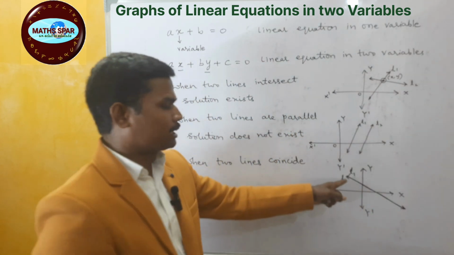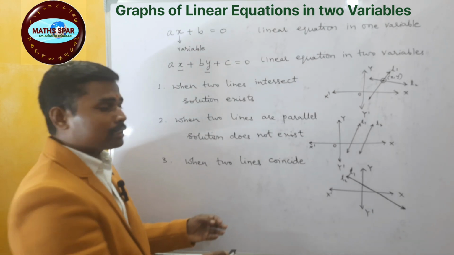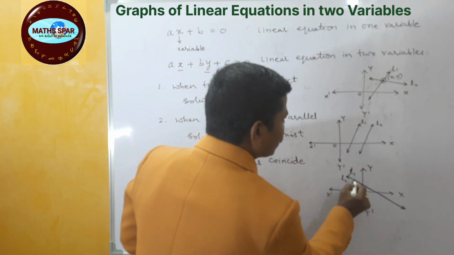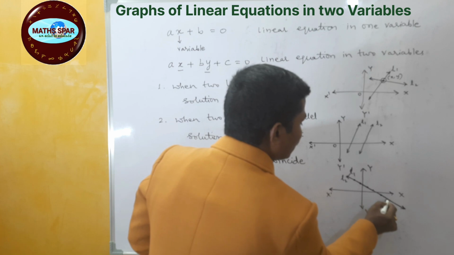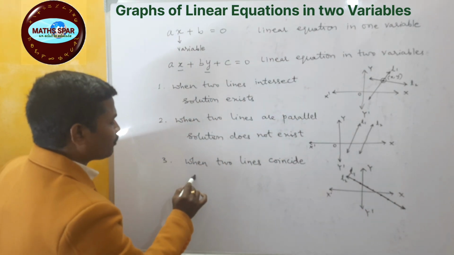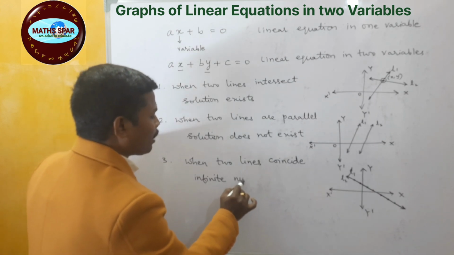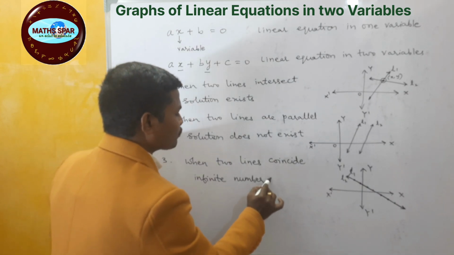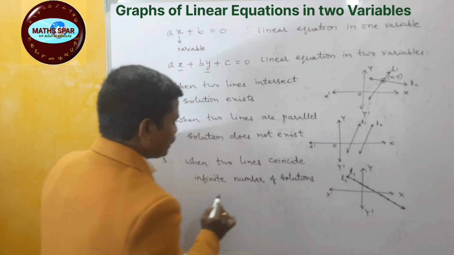L1 is already existing, and the L2 line is overlapping the same line. That is, every point on these satisfies the equations. Then we have an infinite number of solutions. Infinite number of solutions exist.